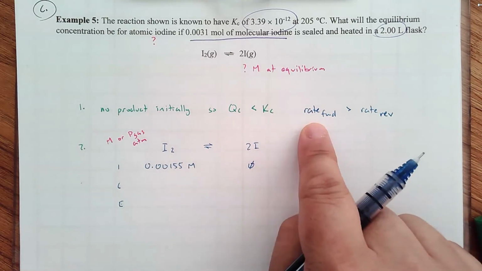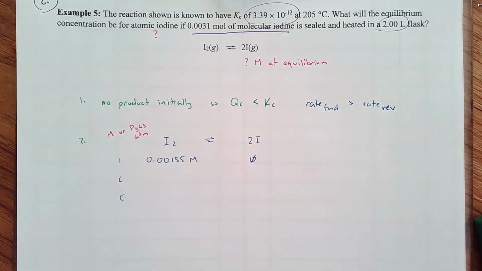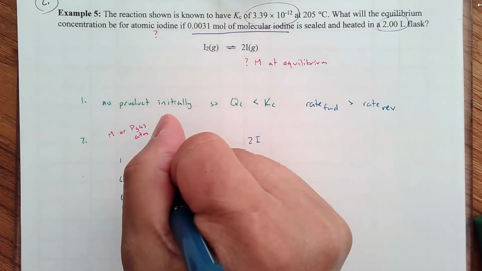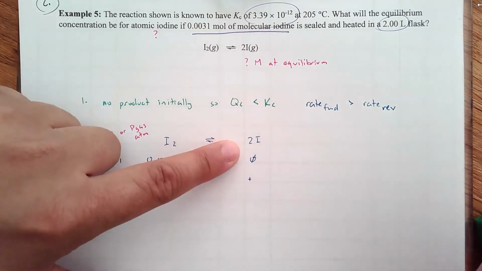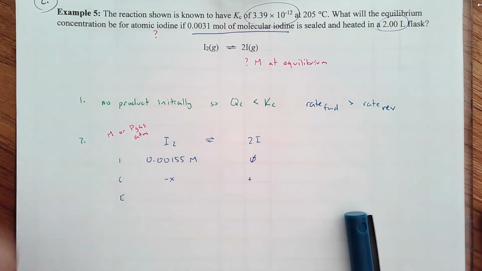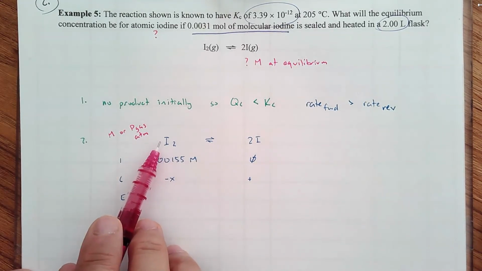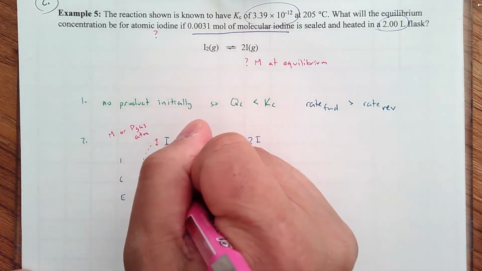So again, from step 1, we said the rate of the forward is greater than the rate of the reverse. So we are definitely losing reactants and making more products. So your minus x is here, and your plus x is here, but you have a coefficient of 2. Remember how I like to think of explicitly putting 1 here? And that is what x?